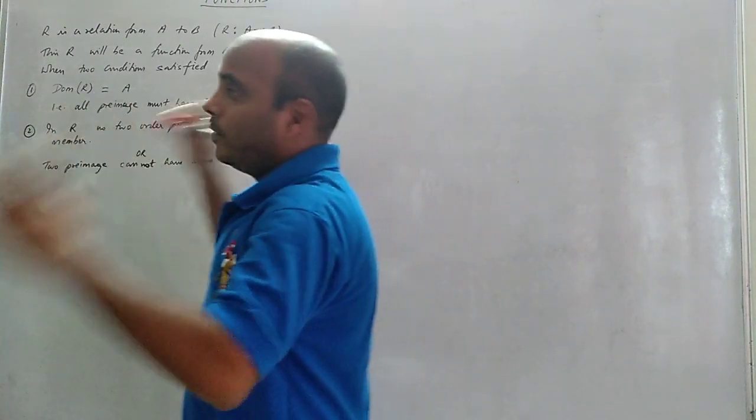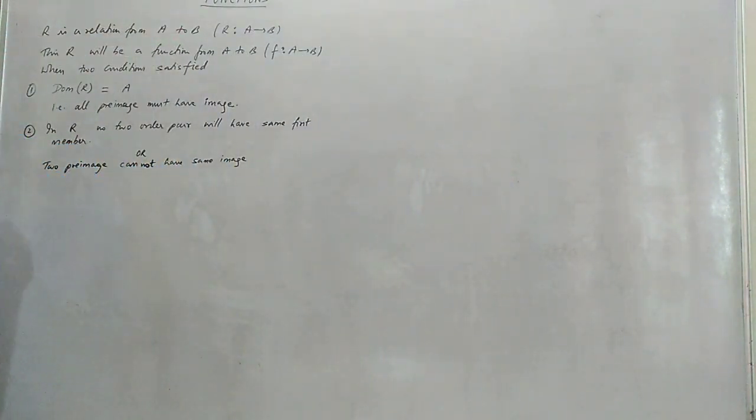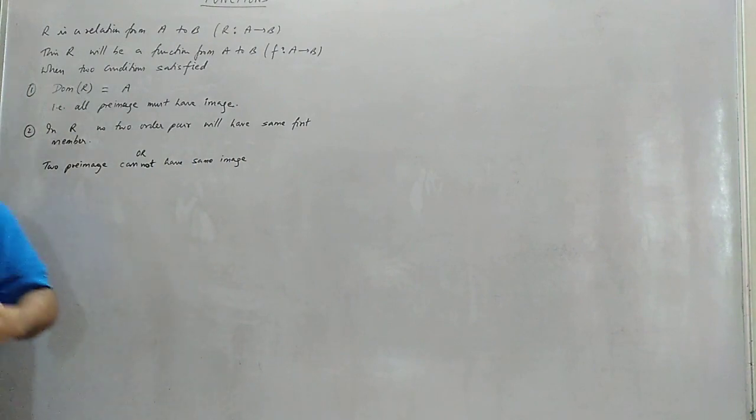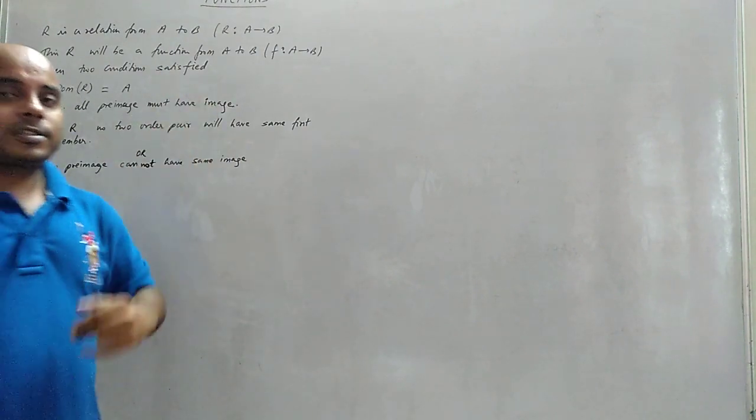Now, next we will start functions. Okay, here we will start functions. Now, what is a function? Try to understand. A function is nothing but a relation only, satisfying 2 important characteristics.